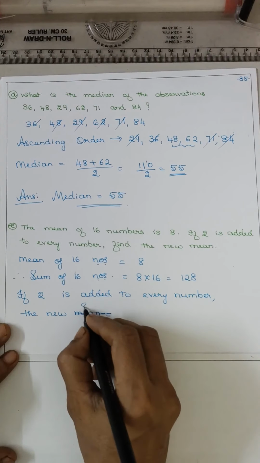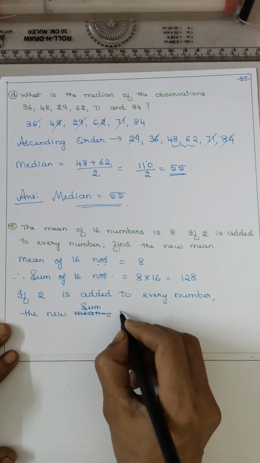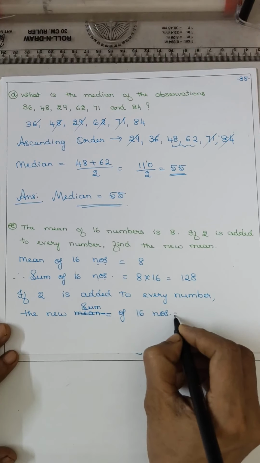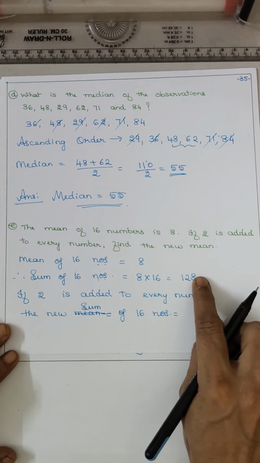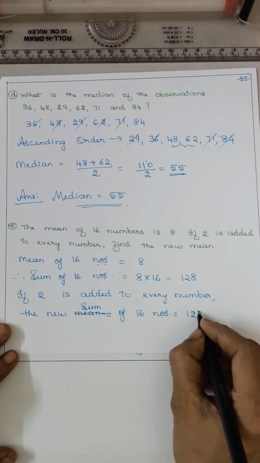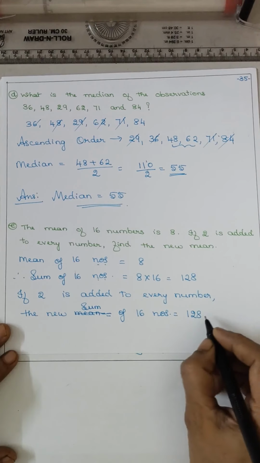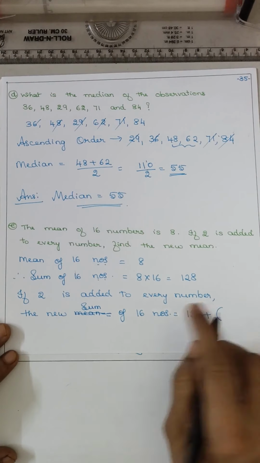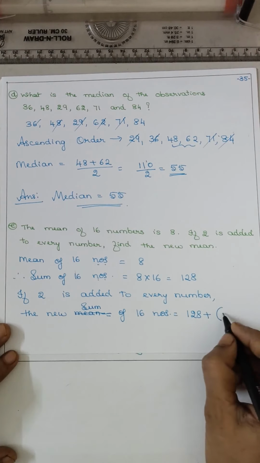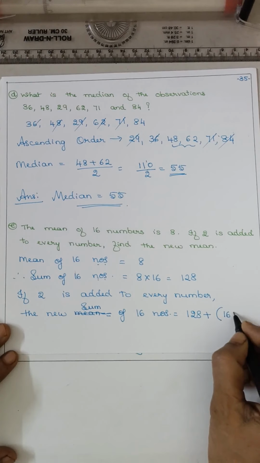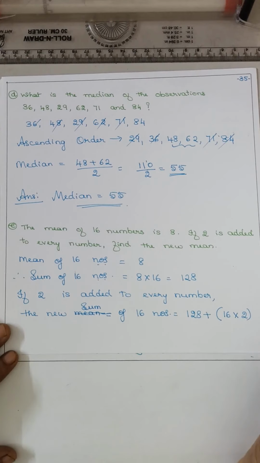First we have to see the new sum of 16 numbers is equal to, first how much is it? 128. Original sum is 128 plus total how many numbers are there? 16. 2 is added to each number, so multiplied by 2.